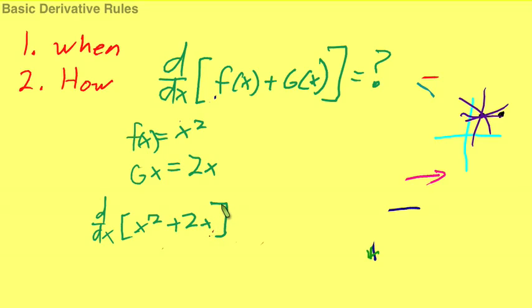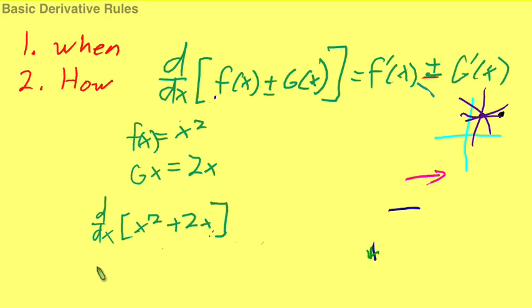So what we have here is the addition rule. The derivative of f of x plus or minus g of x is going to equal the derivative of f of x plus or minus the derivative of g of x, respectively, of course. If you're adding, it's the derivative of f of x plus the derivative of g of x; if you're subtracting, it's minus.